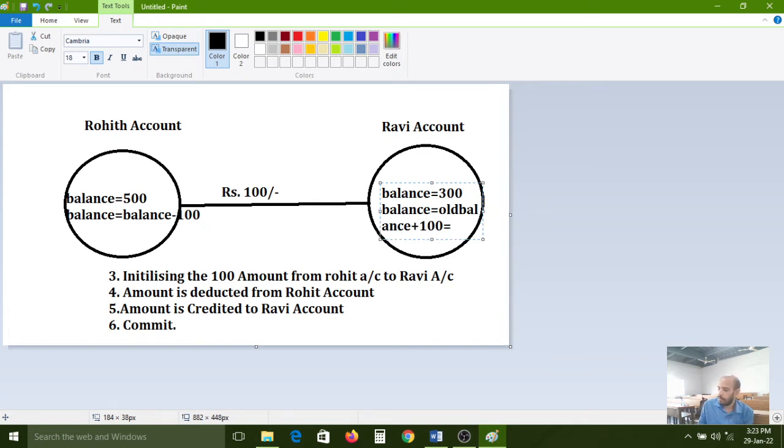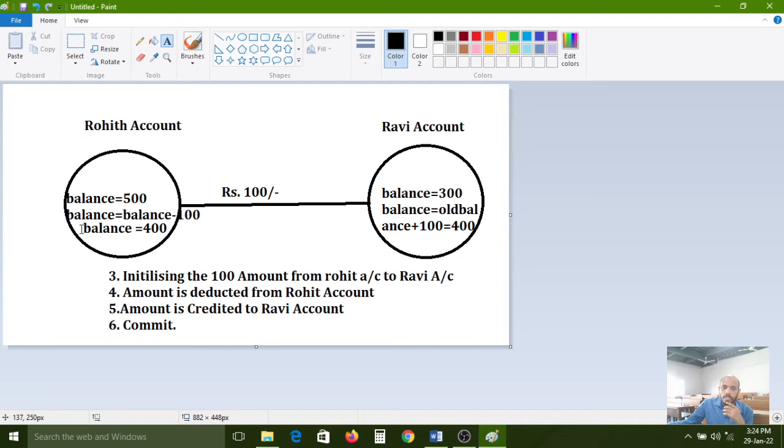The old balance is 300, and now Rohit is transferring 100 rupees. The total amount is 400. So like that, the final amount is 400, because of 500 minus 100.